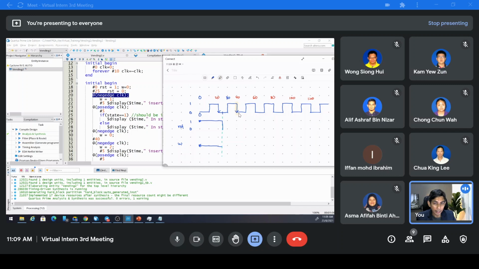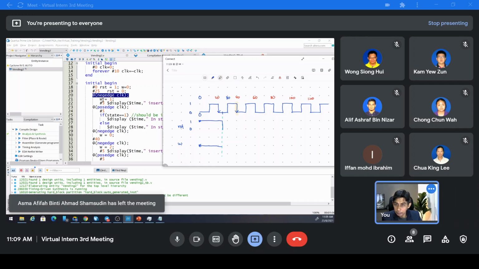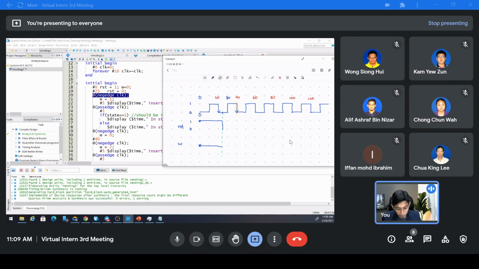So we will check the output a little bit after, shortly after the clock edge. So in this case, we delay a little bit, 5. So here we change the input, no problem. At this one, we also change the input, W equal to 1.